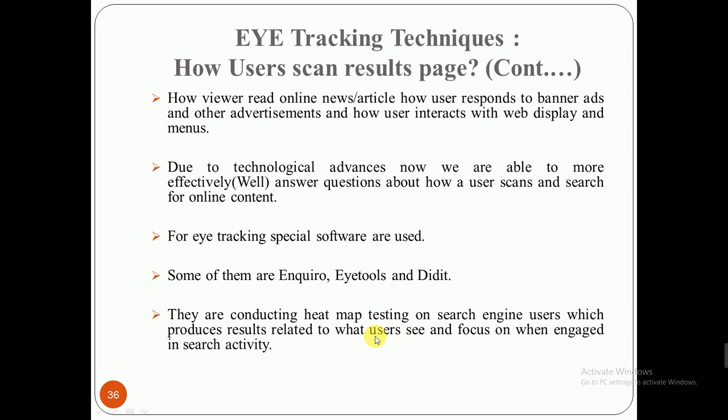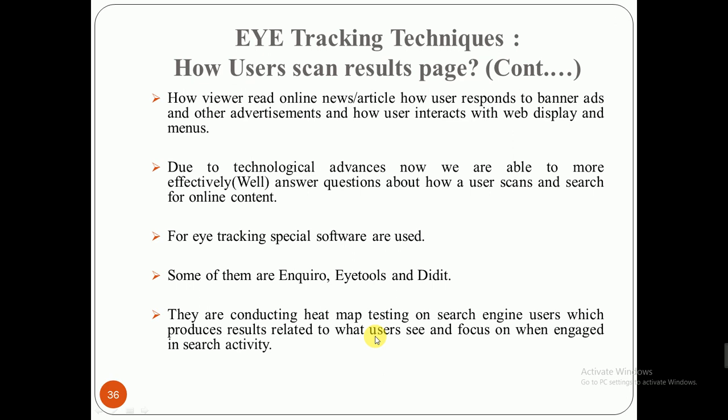For eye tracking, special software is used. So in eye tracking techniques there is software which can be useful for eye tracking, and it will display information on how this will be helpful to the users. Some of them are Inquiro, iTools and Didit.